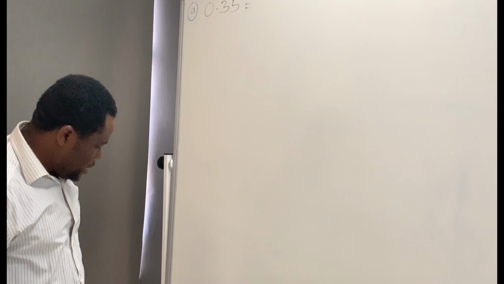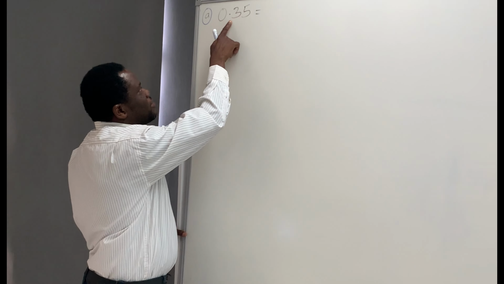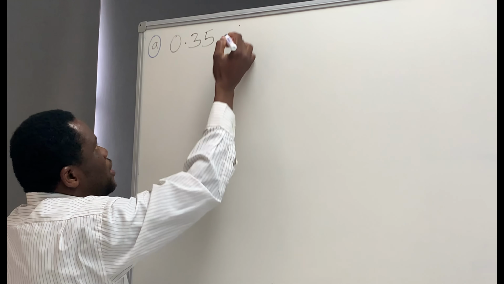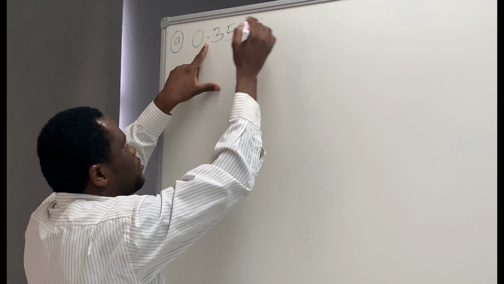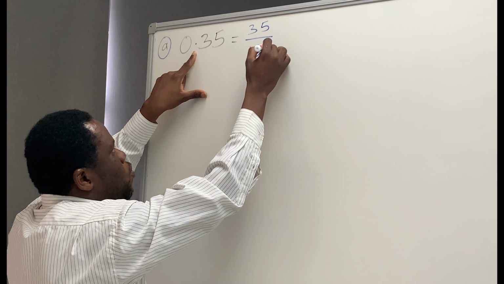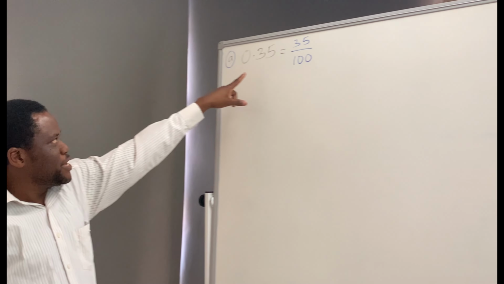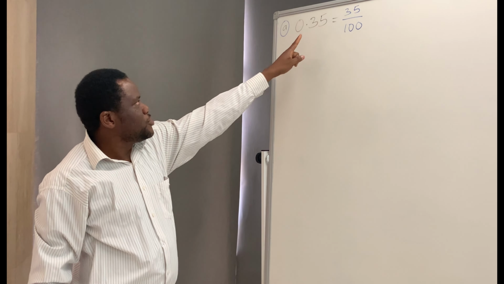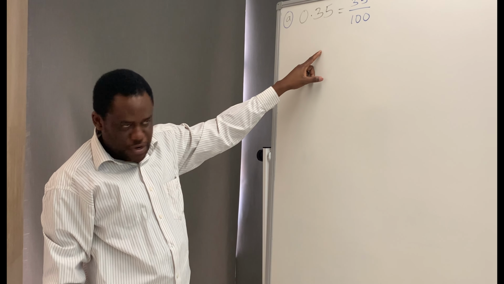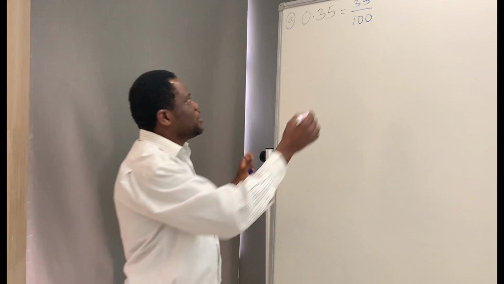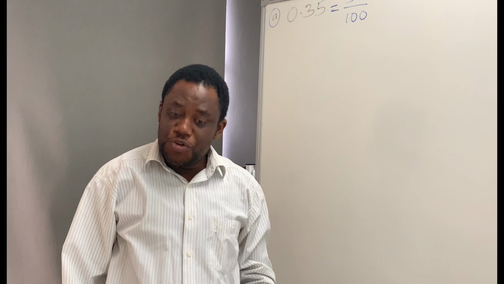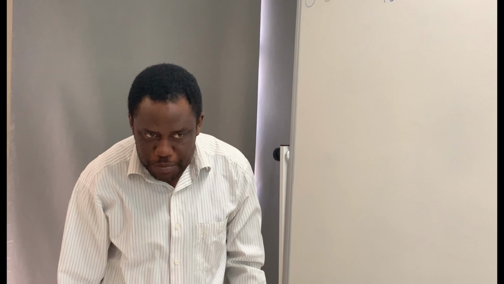How many zeros come? You can say this is 35 over 100, right? That is the biggest one, because you can say 3 over 10, 5 over 100, but this is bigger, so we convert it. But the question says we should not stop there. We should reduce it to the lowest terms.